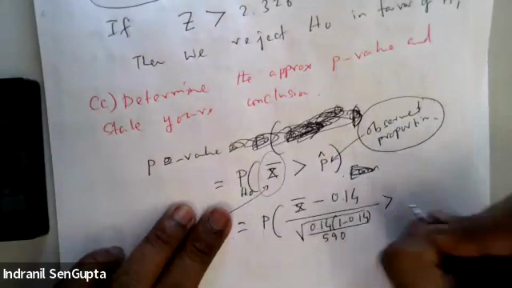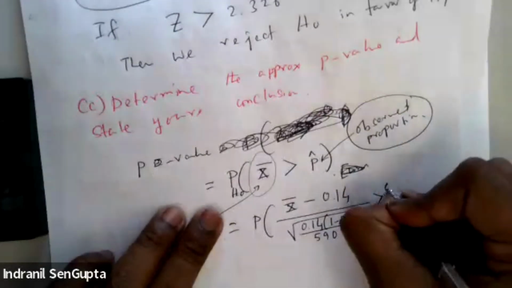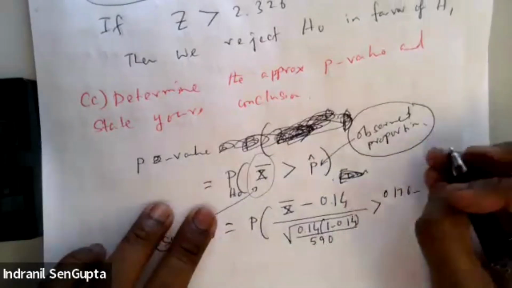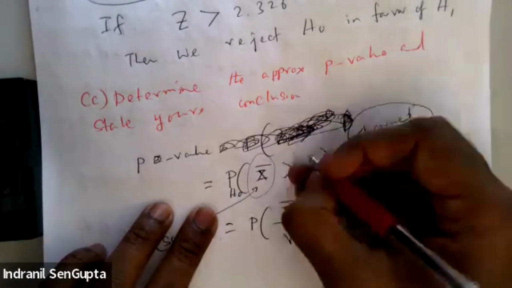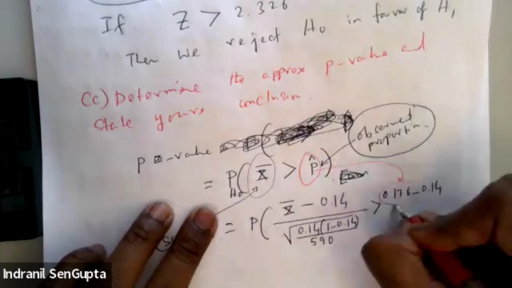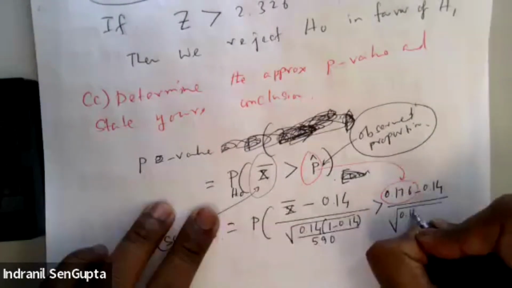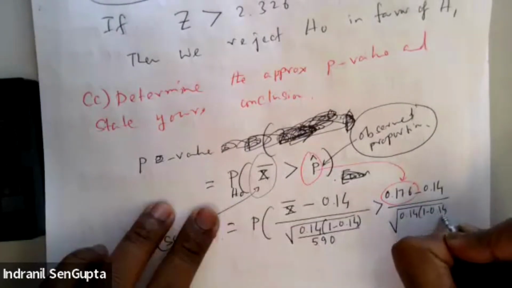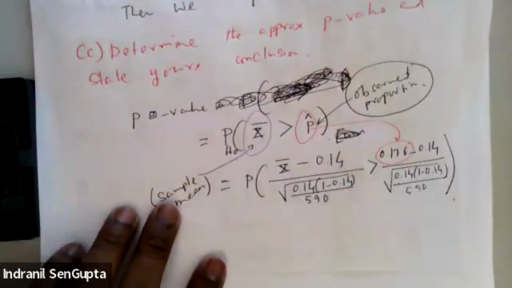That's got to be a normal. The observed p hat is 0.176, so we get 0.176 minus 0.14 over the square root of 0.14 times (1 minus 0.14) over 590.